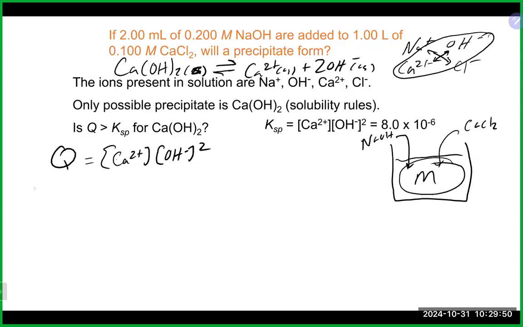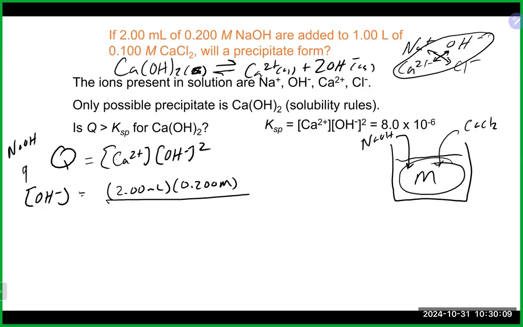So really the concentration of hydroxide, which comes basically from the sodium hydroxide, would be in this case 2 milliliters times the molarity. And I'm going to divide by the total volume here. Since they are in different units, I'm going to convert everybody to milliliters.